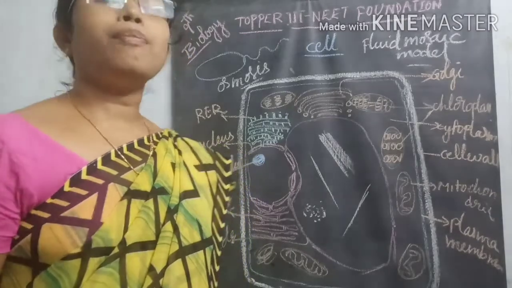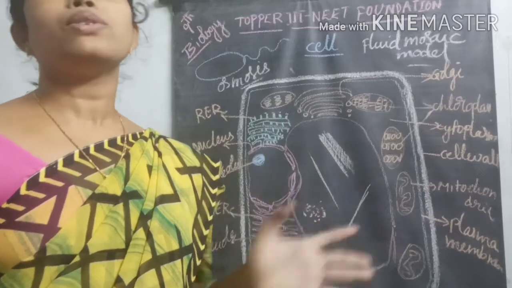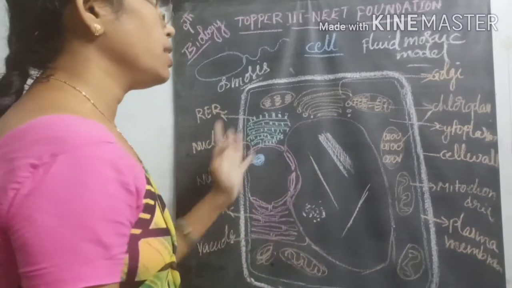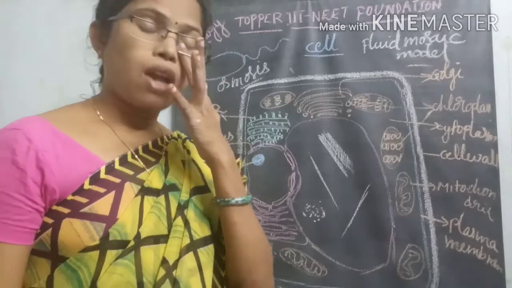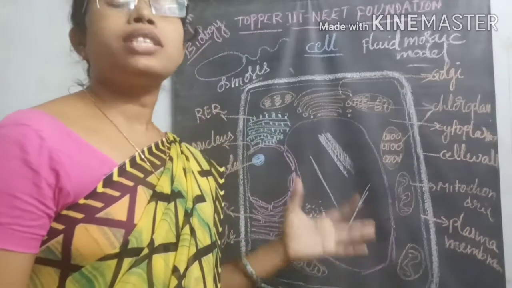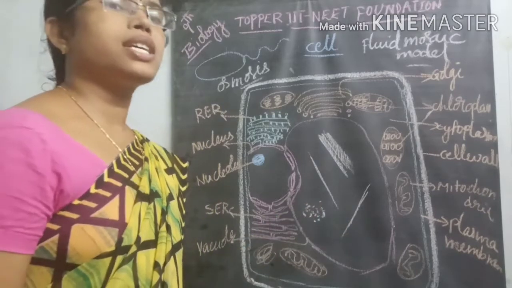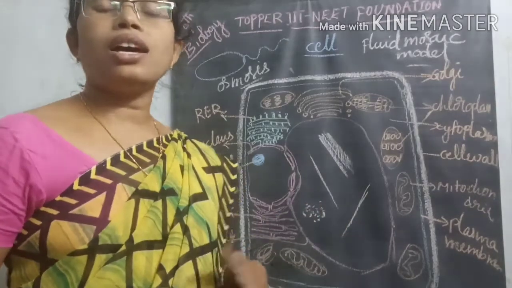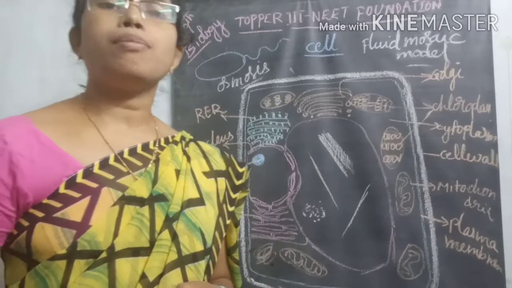The cell wall gives a particular shape and rigidity to the cell, and it is made of cellulose, hemicellulose and pectin-like substances. These substances combine with each other and form the cell wall composition.